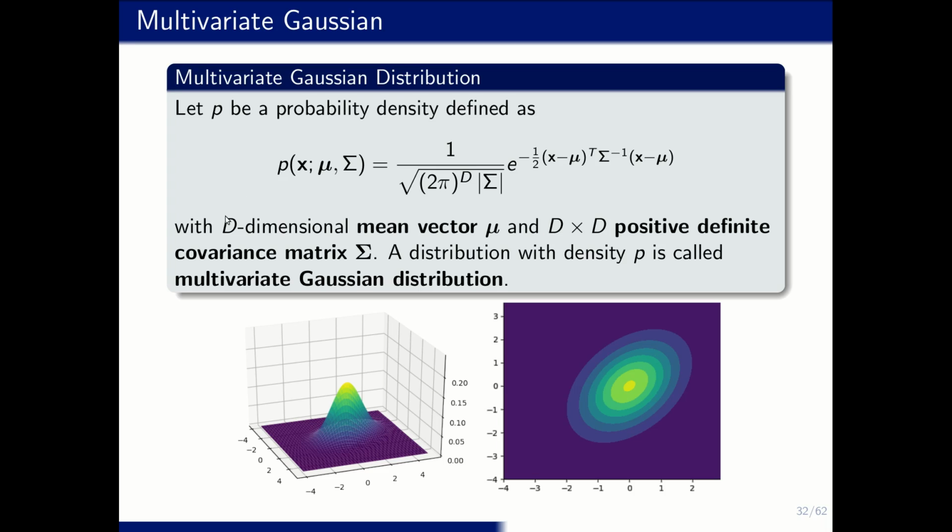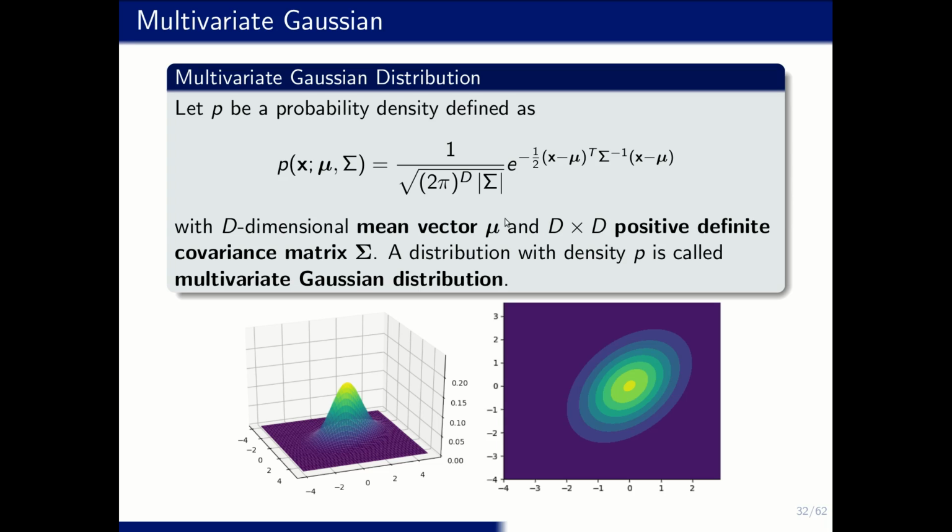And the distribution, the multivariate Gaussian, is parametrized with a mean vector mu, a d-dimensional mean vector, and with a d times d matrix sigma. And we require that sigma is positive definite, so that it's a positive definite covariance matrix.